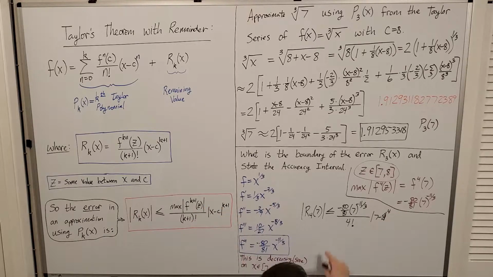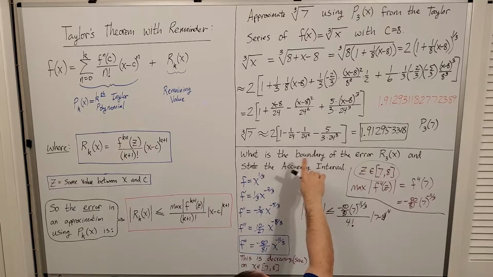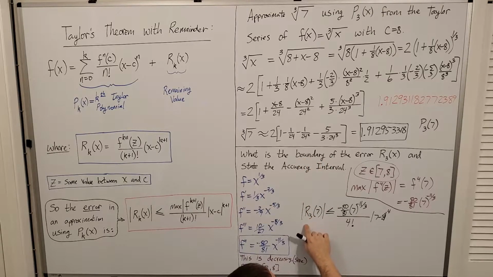To the k plus 1, to the 4 here. I'm sorry, this should be R3, because technically our n, our k value was 3. So that's why I'm getting 4s here, and that's the fourth derivative evaluated at 7 there.